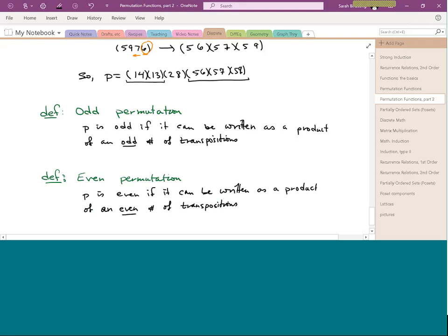Yep, even number of transpositions. That's literally it. So the only reason we care about these transpositions is literally so we can count them to get whether the permutation's even or odd. So what do you think? In the permutation from the example that we just did, do you think that's an even or an odd permutation function?